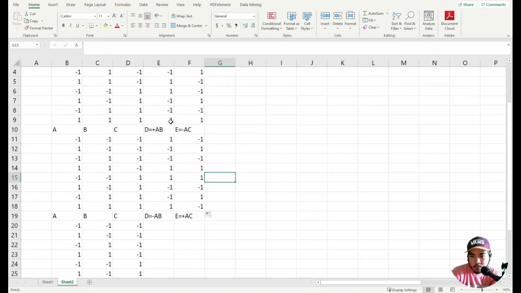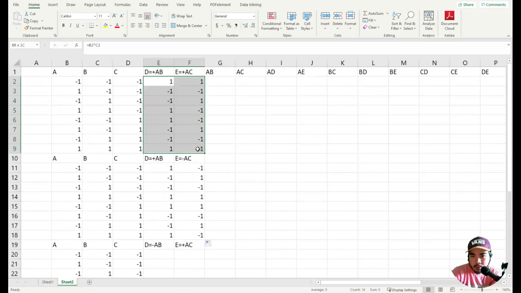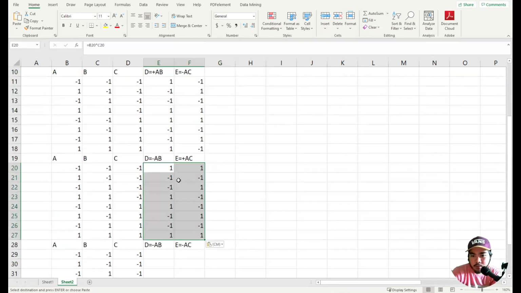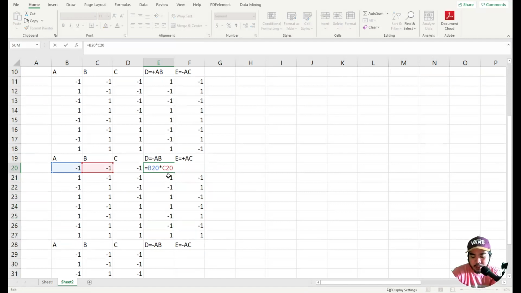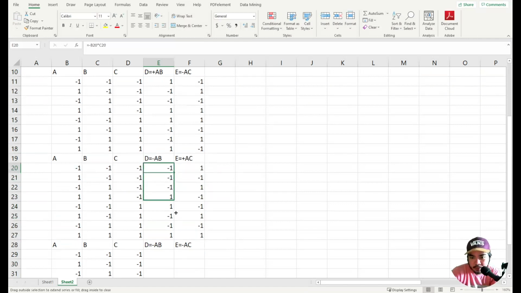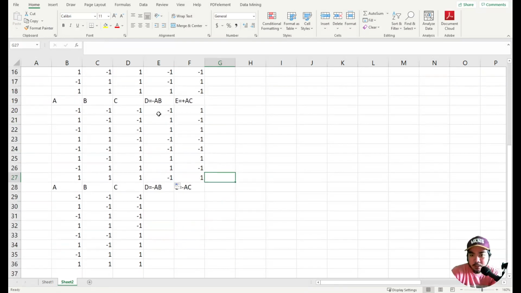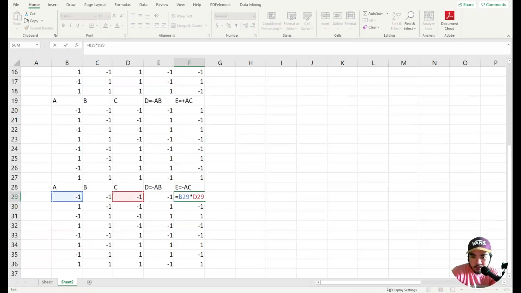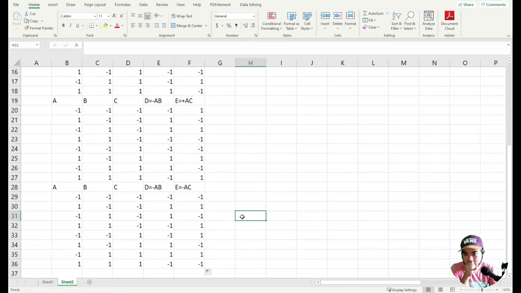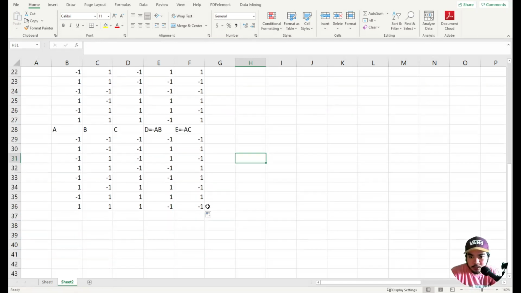Tapos, we do, ito na, copy natin ulit. Pero this time, gagawin natin negative to. Okay? Kasi negative AB siya. Tapos, yung last is, naka-negative parehas. No? So, we can just copy this, negative. Okay? So, that should look right.